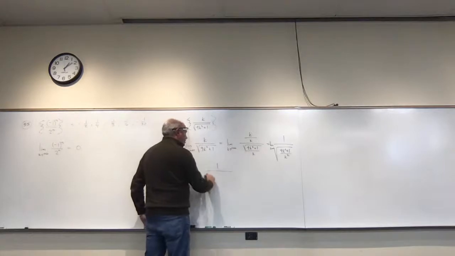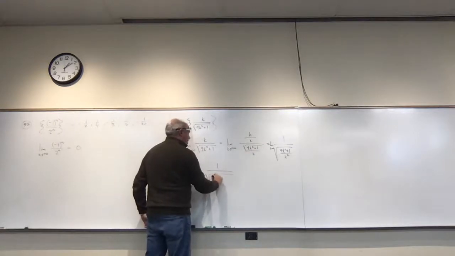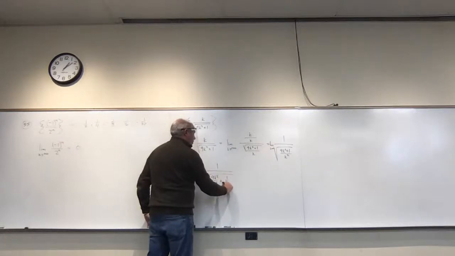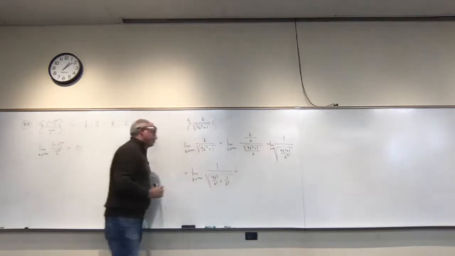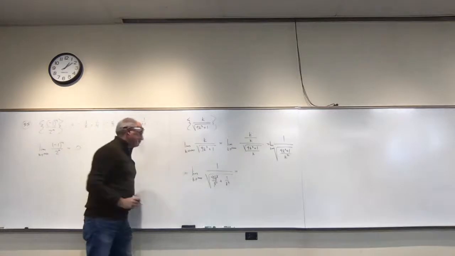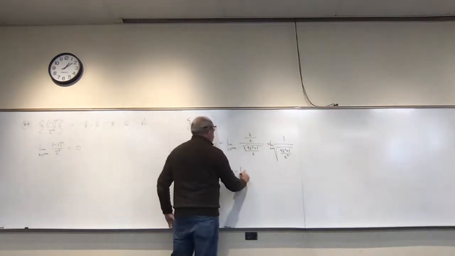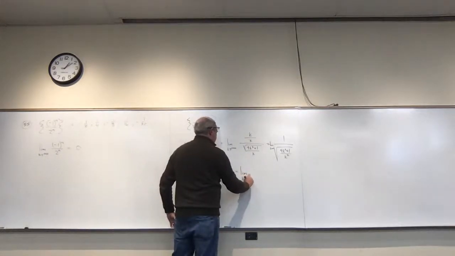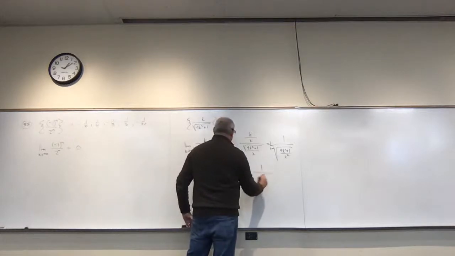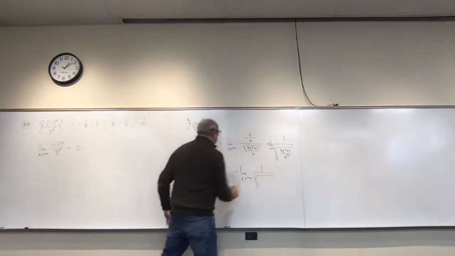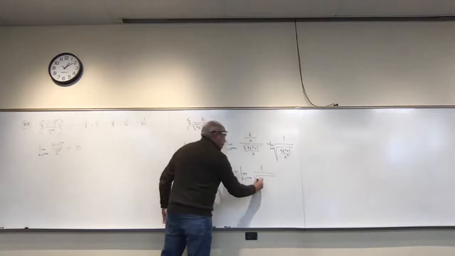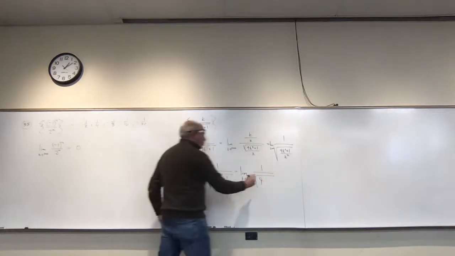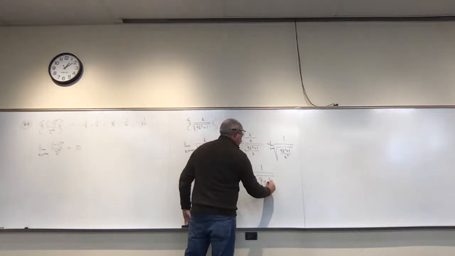On bottom I have the square root of 9k squared over k squared plus 1 over k squared. The k squareds cancel, and I get the limit as k goes to infinity of 1 over the square root of 9 plus 1 over k squared.